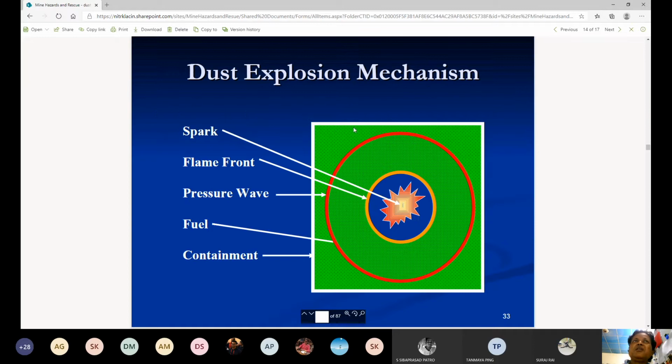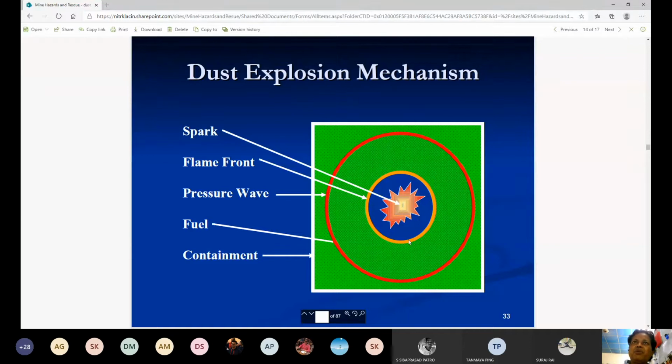So this is the mechanism of dust explosion. The middle one is the spark. Suppose there is an electric spark. This spark will ignite the coal dust, and there will be a flame front.